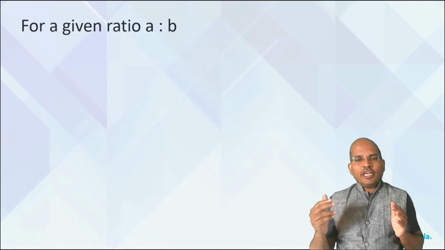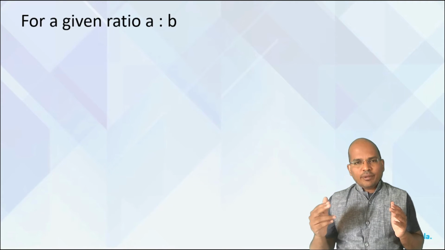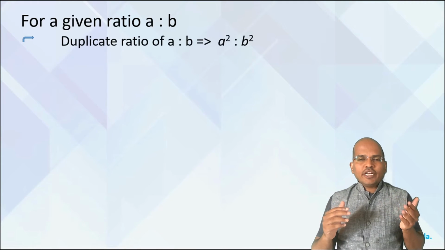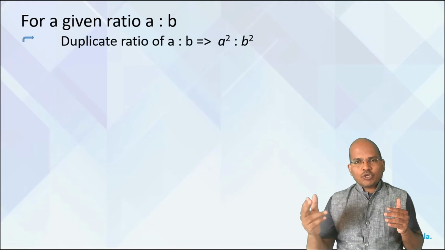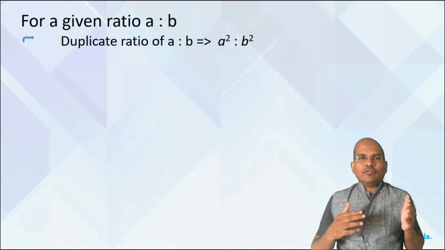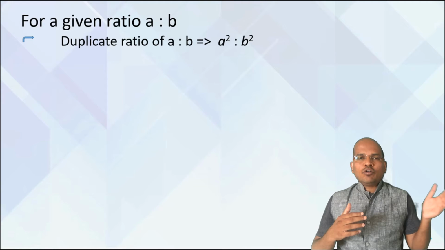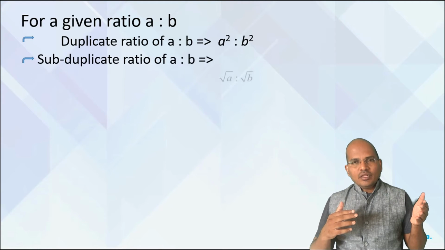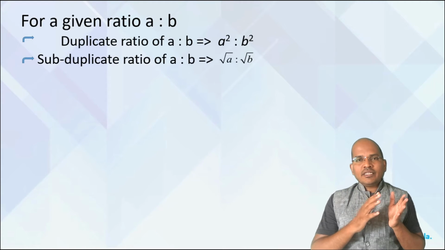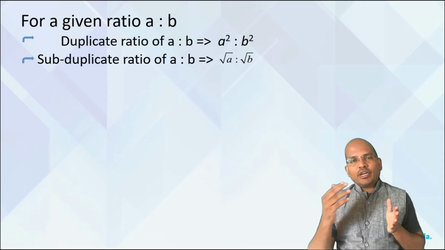For a given ratio A is to B, we have some terms to keep in mind. The first ratio is called as duplicate ratio. So the duplicate ratio of A is to B is A square is to B square. Similarly, the subduplicate ratio of A is to B is square root of A is to square root of B. Okay, so duplicating is squaring, subduplicating is square rooting.